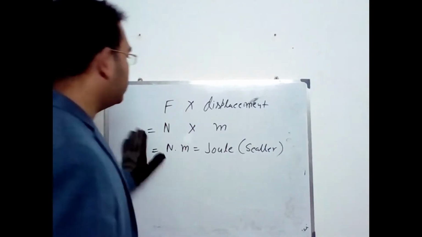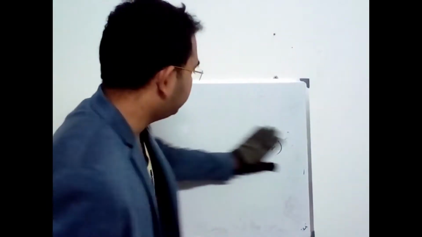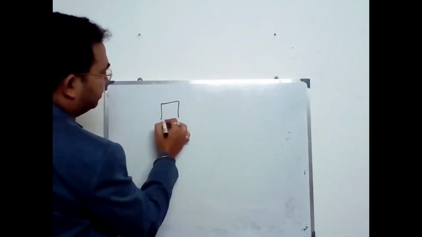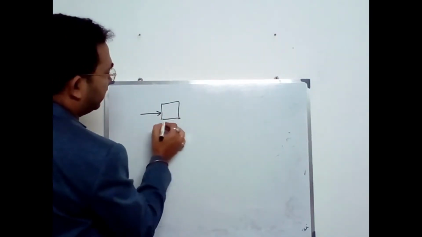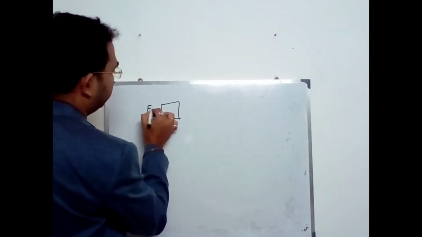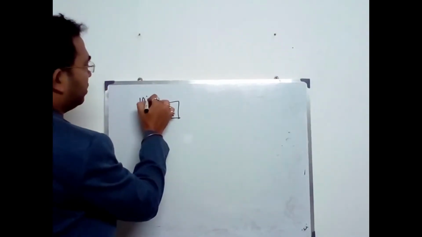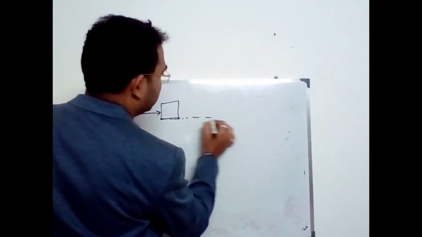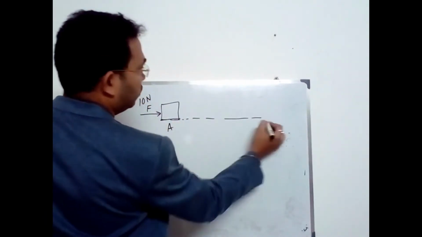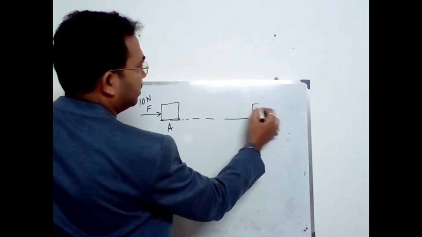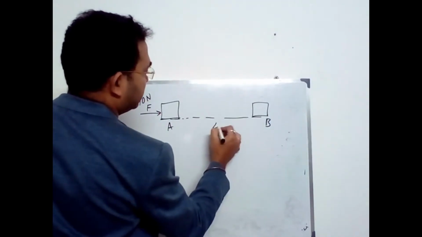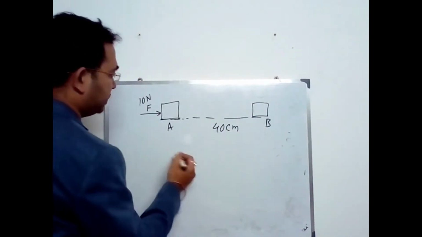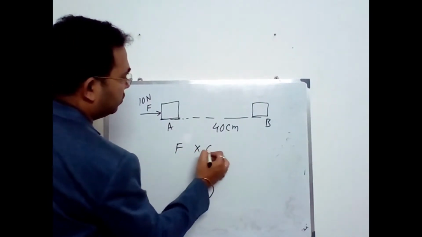Suppose this is a body and I am applying a constant force on this body, which is 10 Newton. The body starts to move from point A to point B, and the displacement is 40 centimeter. So what is the work done? As you know, force into displacement.